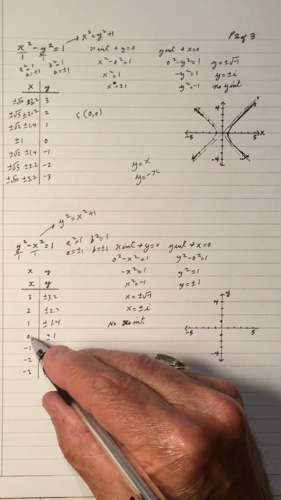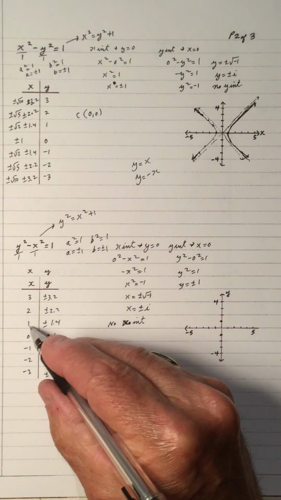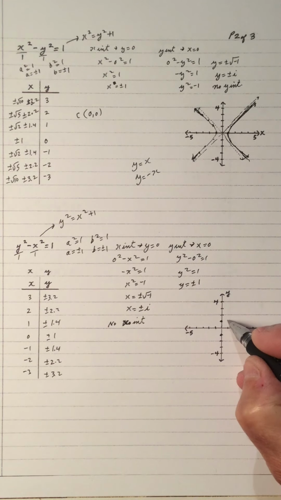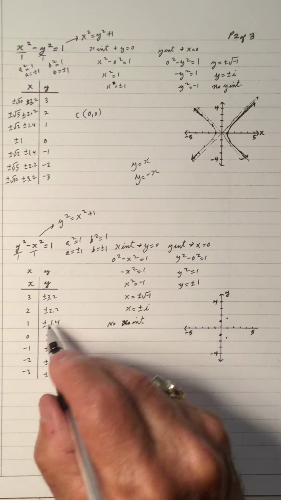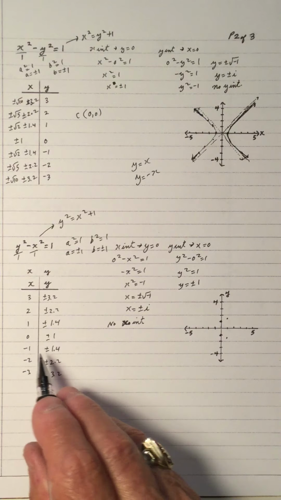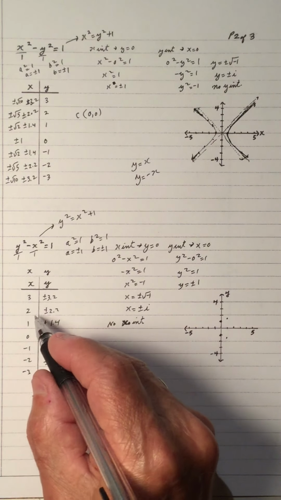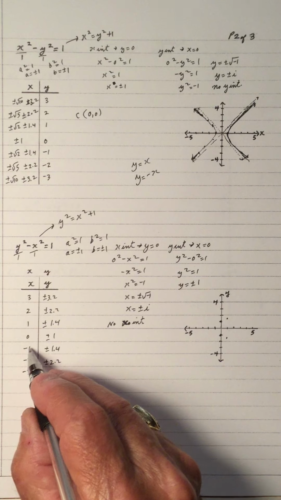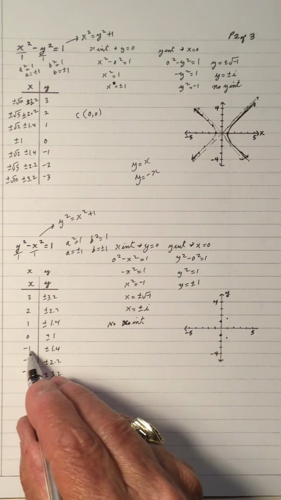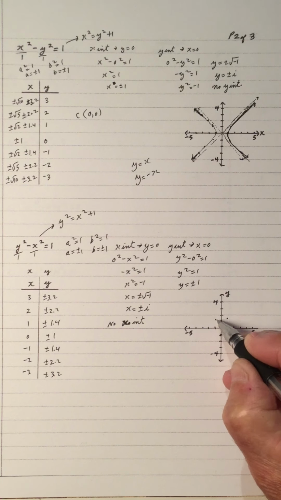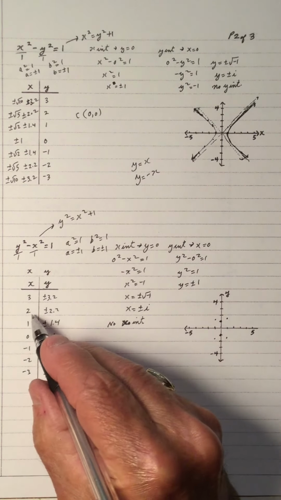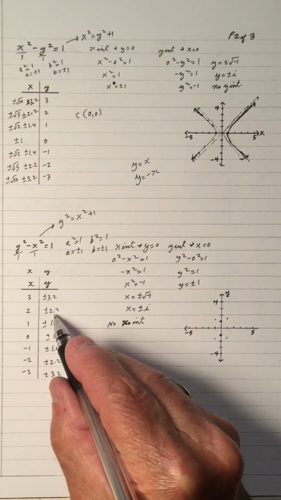So when x is 0, y is plus or minus 1. When x is 1, y is plus or minus 1.4, which is right here. When x is negative 1, y is plus or minus 1.4.